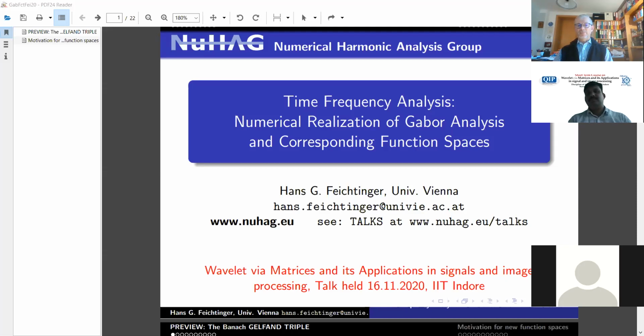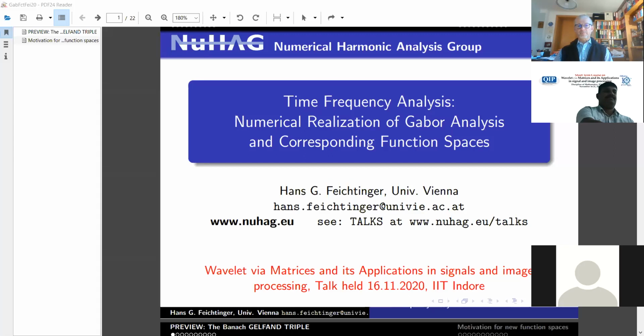Now, I like to work with what I call a Banach Gelfand triple, which is a triple consisting of the Hilbert space L2 in the middle and the space S0, also known as Feichtinger's algebra or amalgam space. It's a particular Segal algebra, and its dual space. So what you see at one stroke from this picture is that everything that you are doing normally is inside S0 prime.